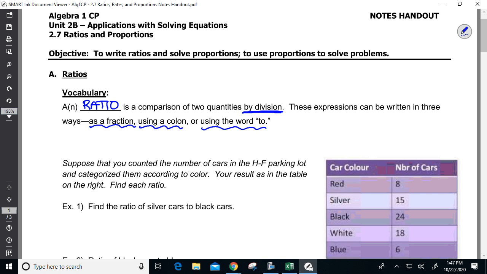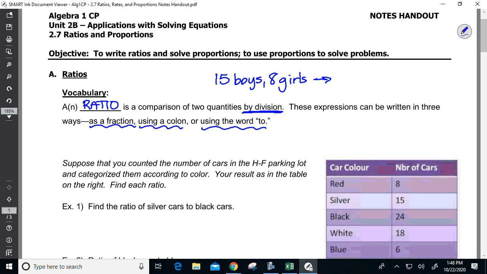So let's say, at least in this class, there are 15 boys and 8 girls. 15 boys, 8 girls. So there are three ways to write this ratio.